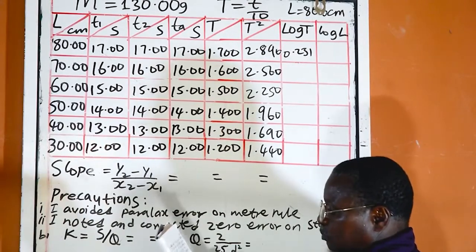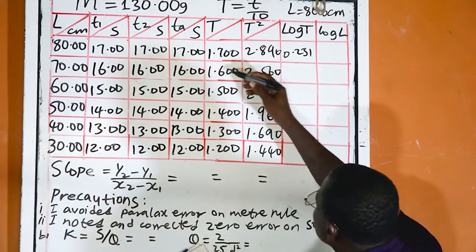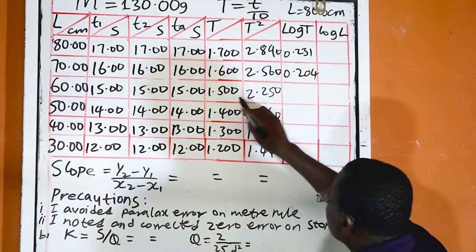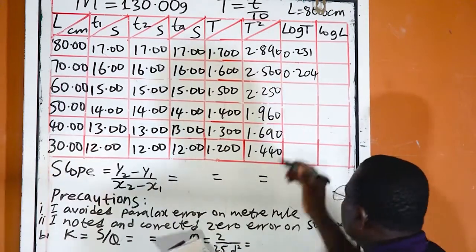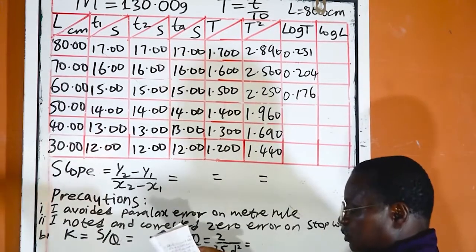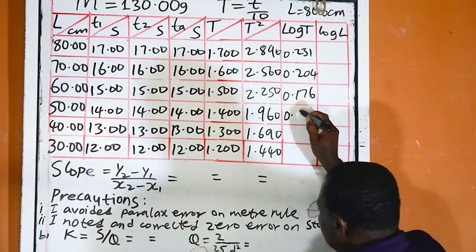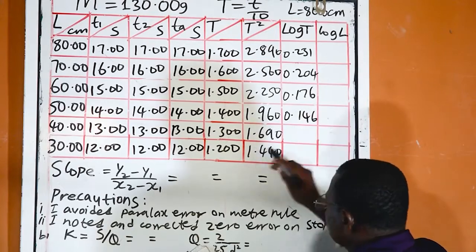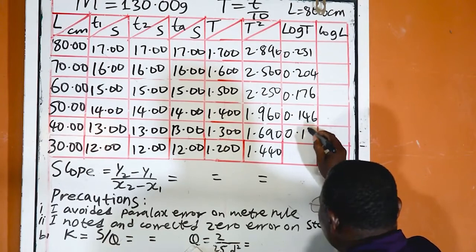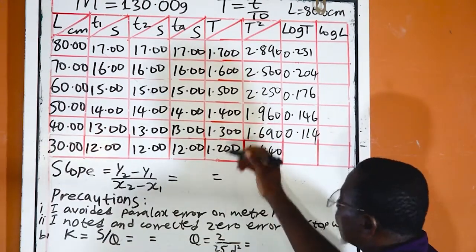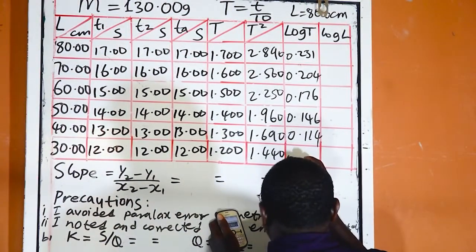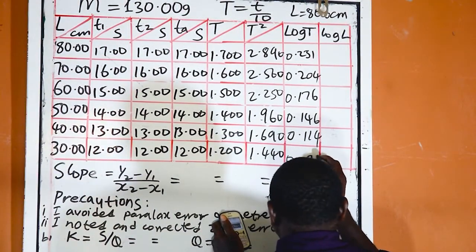Log of 1.6 is 0.204. Log of 1.5 is 0.176. Log of 1.4 is 0.146. Log of 1.3 is 0.114. Log of 1.2 is 0.079.